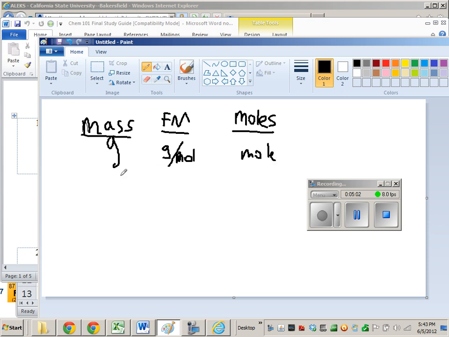So we're given a mass, and we want to get to moles. So if we start off with grams, our unit conversion would be, we want to multiply by grams on the bottom and moles on top to convert this thing to moles.